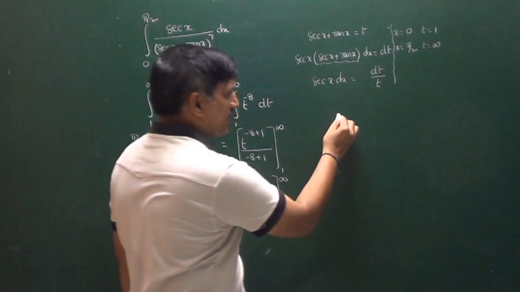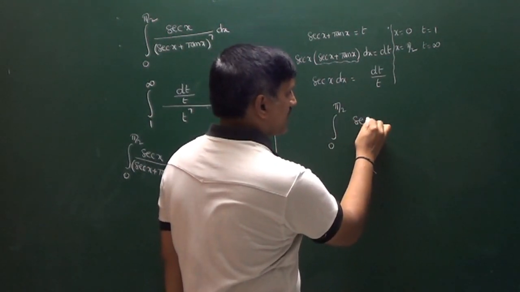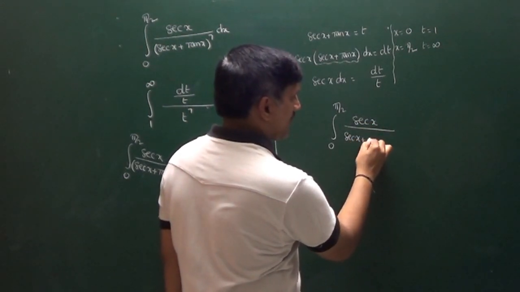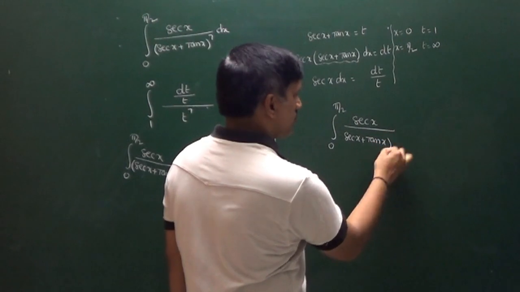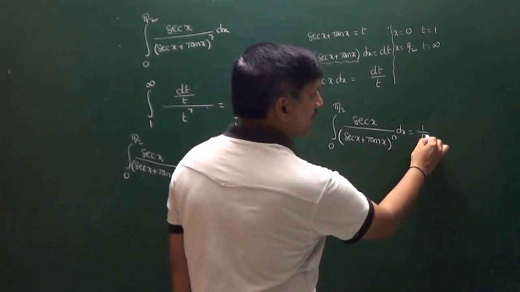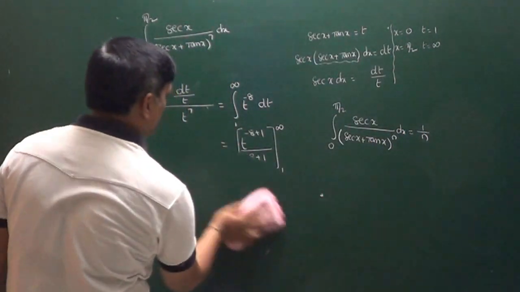That's why you can simply note down: integral 0 to pi by 2 of secant x divided by secant x plus tan x whole to the power of n, the answer is simply 1 by n. Okay, so let's have a discussion of another question here.